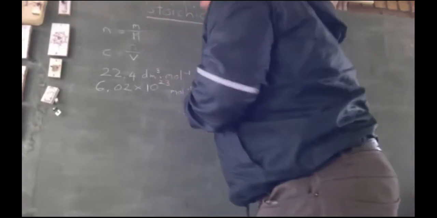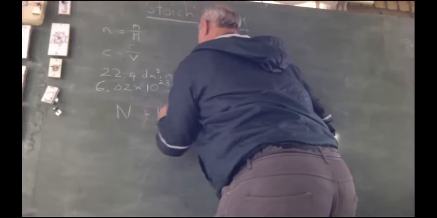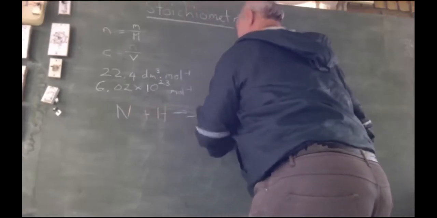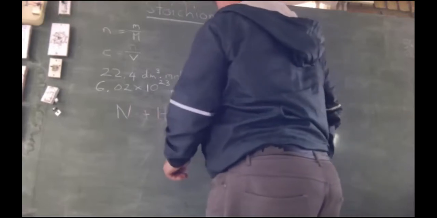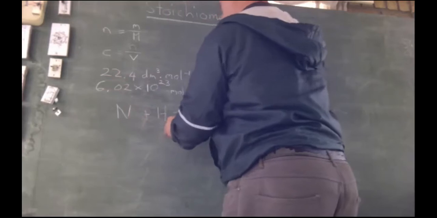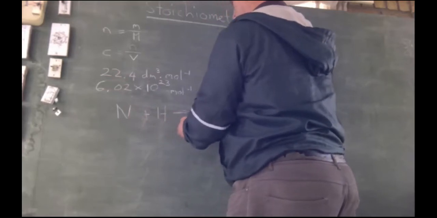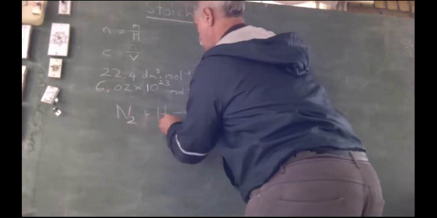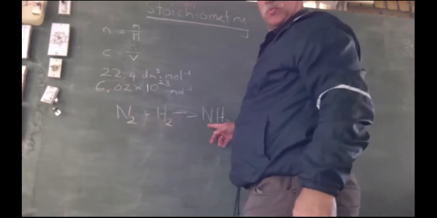So what was the formula we had? N plus H goes to form NH3. Was it H on the left? I can't remember. But anyway, we found that this always occurs as 2, so we always have to start by making that a 2.